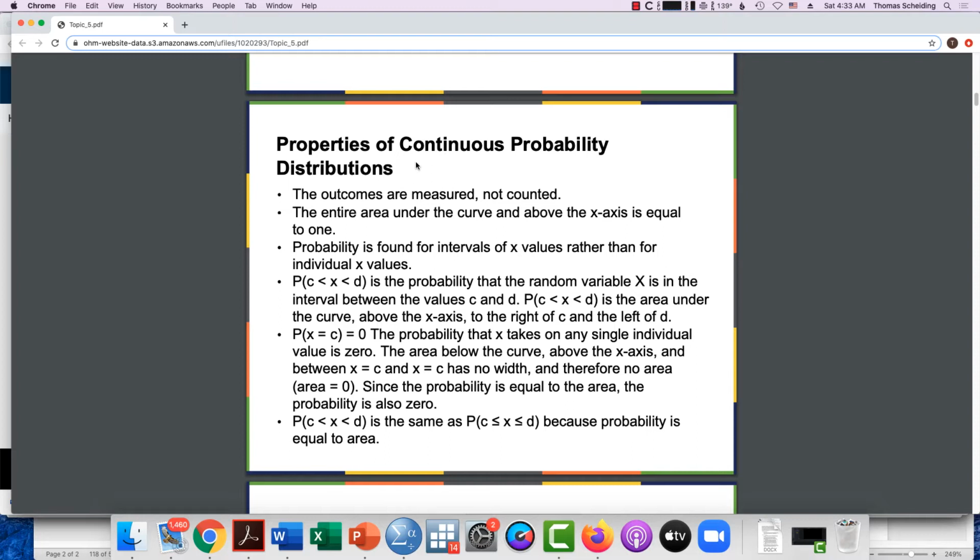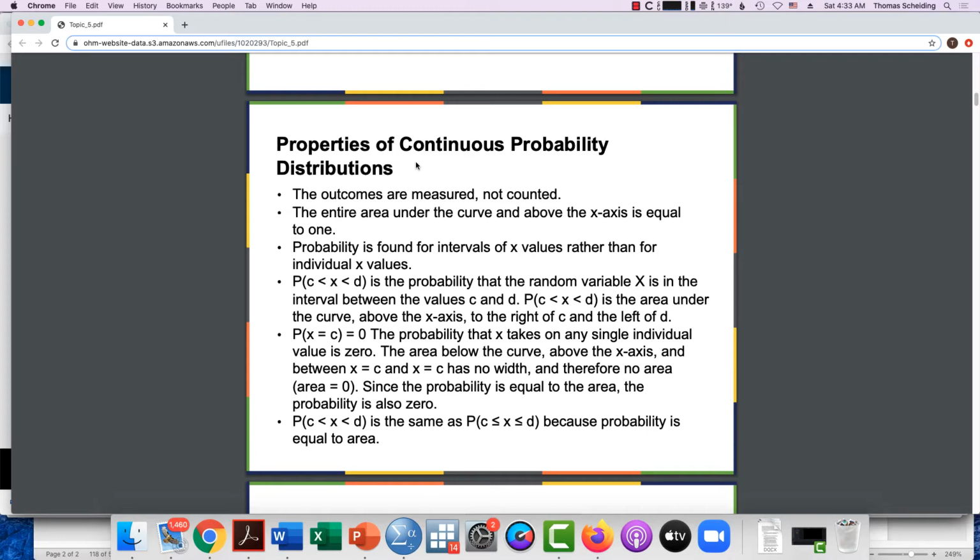If we look at an individual variable, because there is no area under an individual value, we really can't find a probability for it because it's a single point in time. You have to really get it over a time interval.